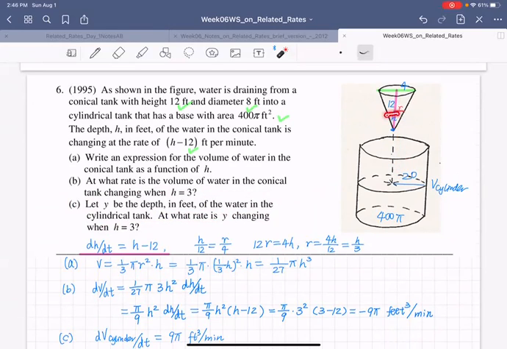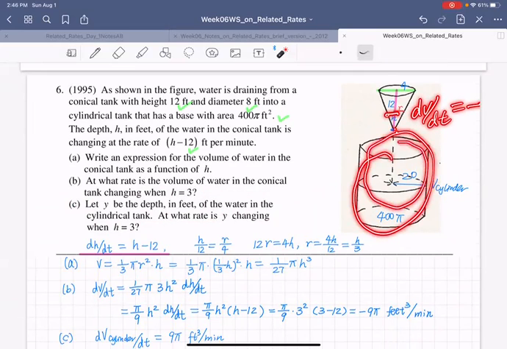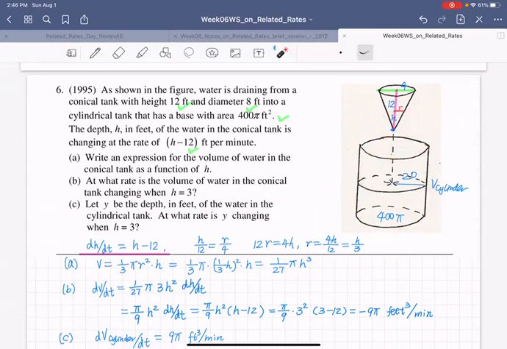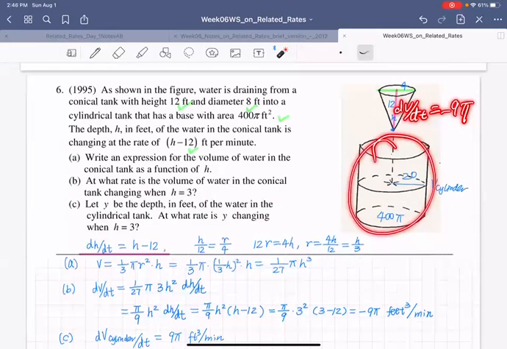This guy, the volume change is negative. That means somebody else gets the volume from this guy. Who gets the positive part? That guy. If this dV over dt is negative 9 pi, then this guy's dV over dt equals how much? Positive 9 pi.